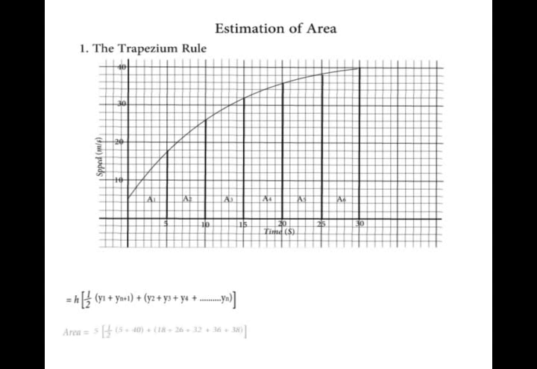So we shall have 5 into a half times 5 plus 40 plus 18 plus 26 plus 32 plus 36 plus 38. That gives us 5 plus 40 is 45 times a half is 22.5. So we shall have 5 into 22.5 plus 18 plus 26 plus 32 plus 36 plus 38.